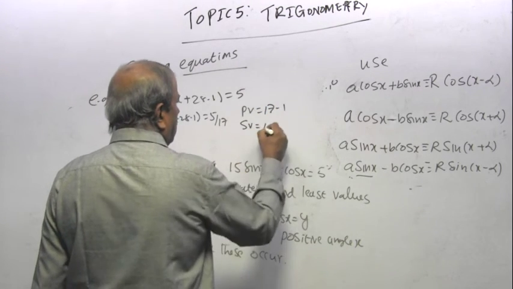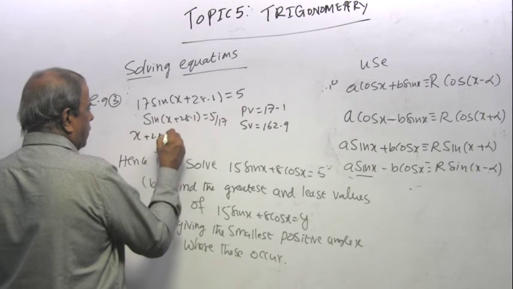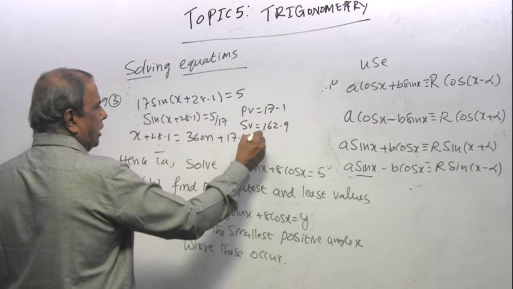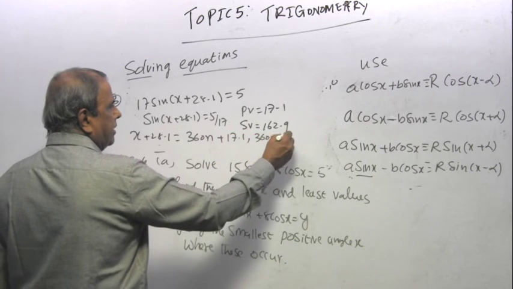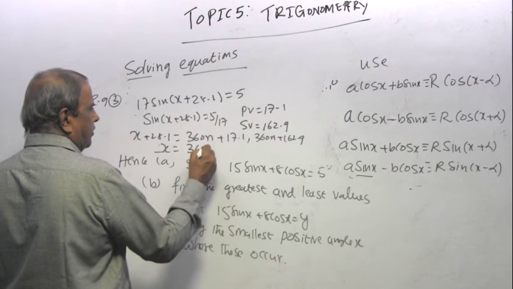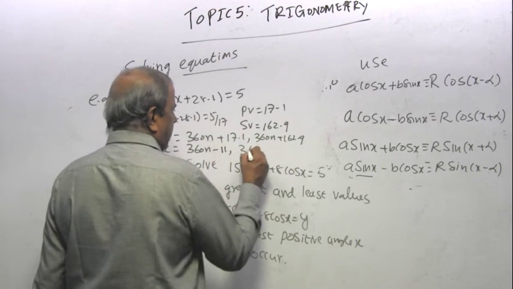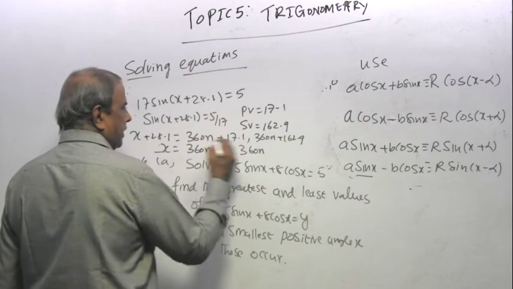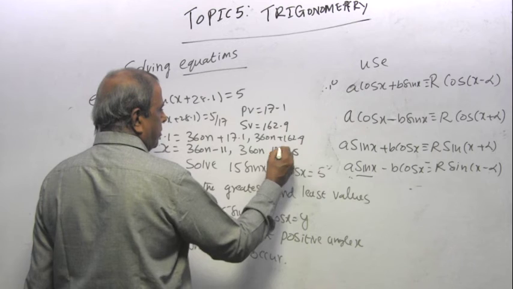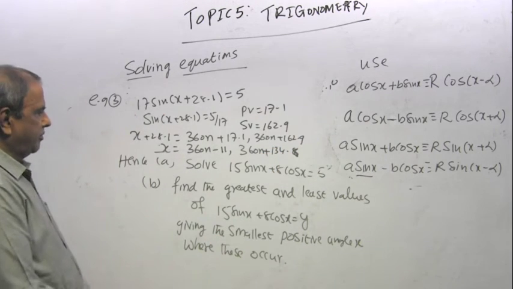SV equals 162.9. So x plus 28.1 equals 360n plus 17.1, or 360n plus 162.9. So x equals 360n minus 11, or 360n plus 134.8. Then you can put n as 0, 1, 2, 3 and get the answers.